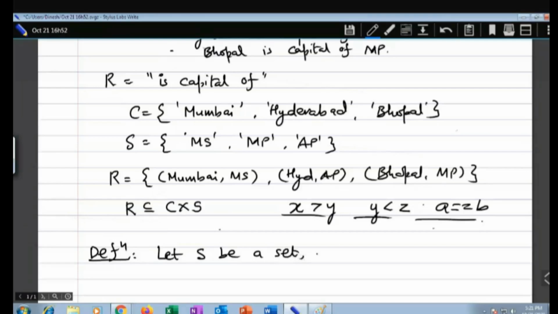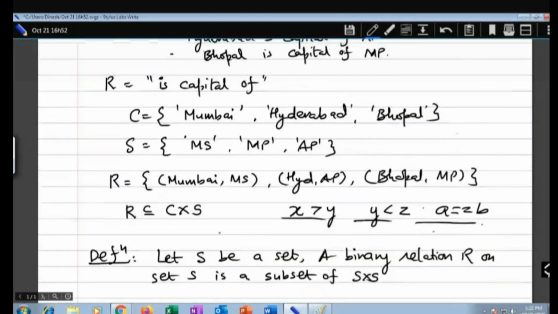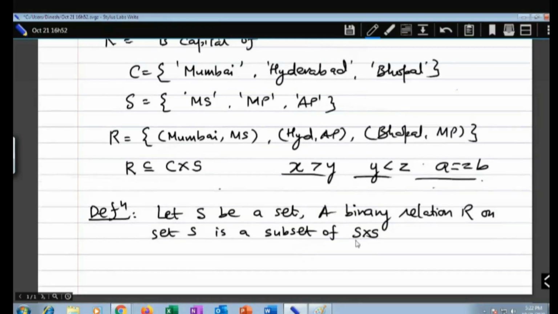Then a binary relation R on set S is a subset of S cross S. So it can be on one set, it can be on two sets, it can be on even three sets. So it is a set. It is a subset of the Cartesian product of that particular set.